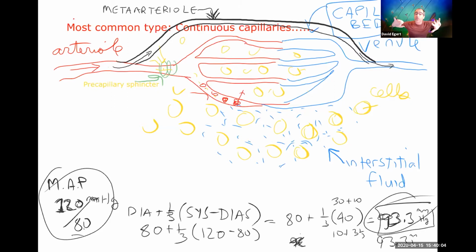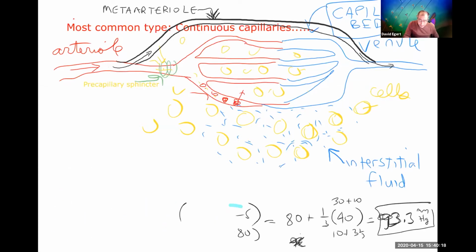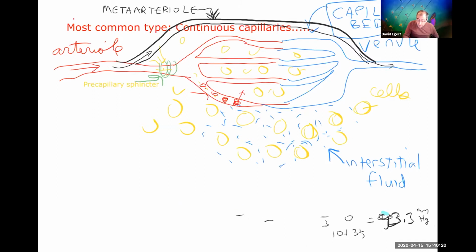But as you get into the smaller and smaller little branches of the cardiovascular tree, you start having less and less pressure. So by the time you are entering into the capillary beds at the arteriole, the pressure is down to about 40 millimeters of mercury.